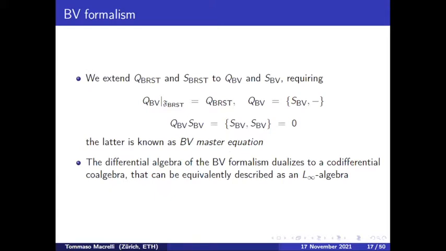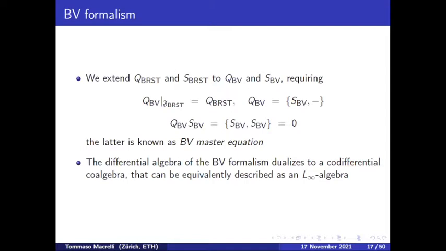So we define a BV operator and a BV action, and we require that when we compute these objects on the old BRST fields, we recover the old BRST objects, the BRST operator and the BRST action. The last equation of this slide generalizes the notion of gauge invariance for the action in the BV formalism, and is known as the classical BV master equation.